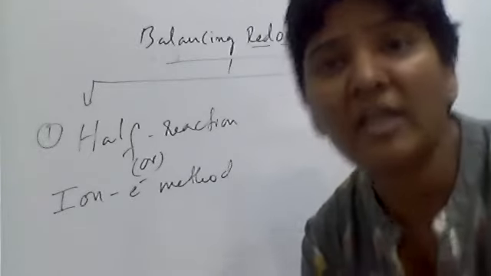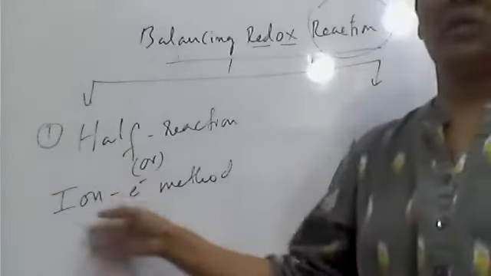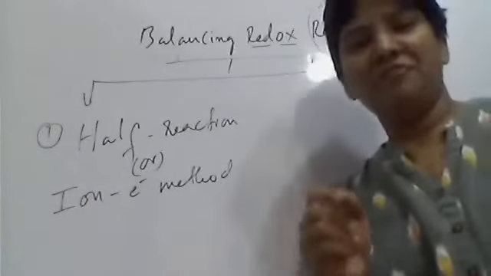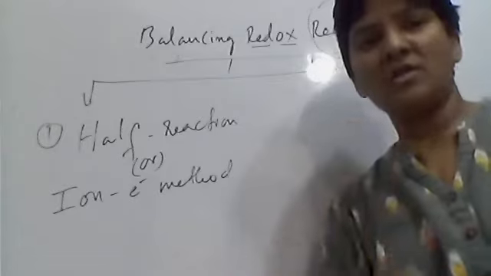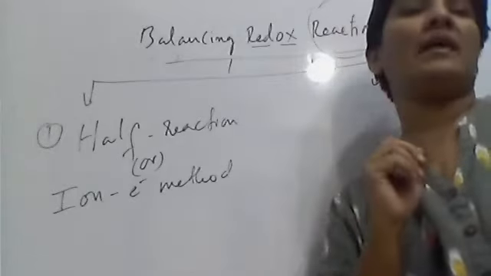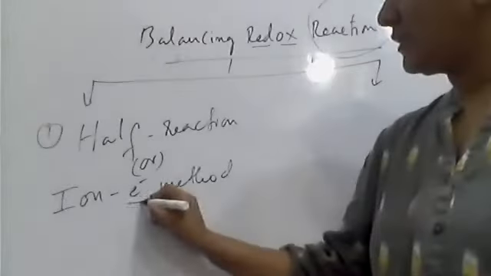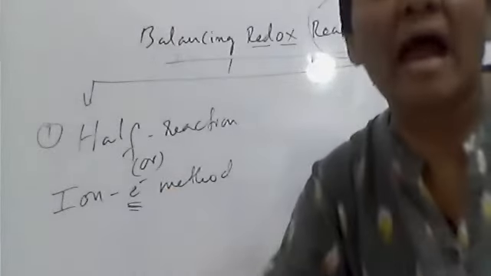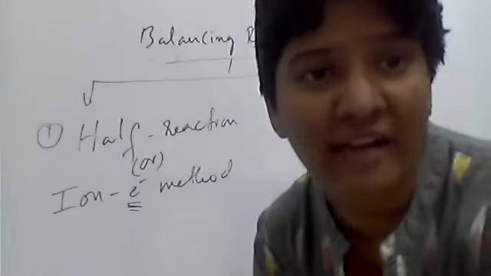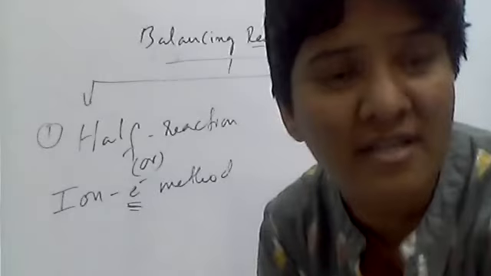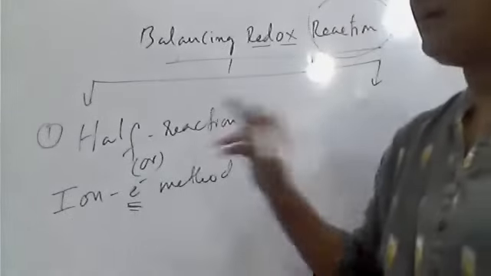So here you balance the equation in ionic form by removing peripheral atoms like hydrogen, alkali metals and alkaline earth metals, that is 1A and 2A. And the charge is balanced by adding electrons. Hence, it is called the ion electron method.